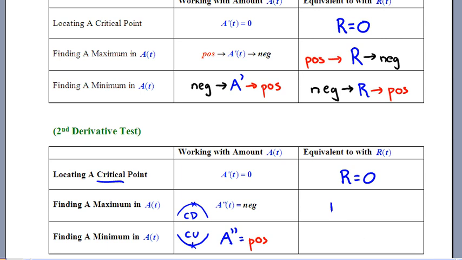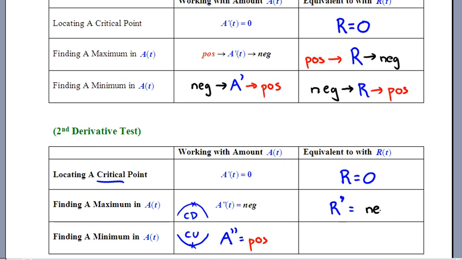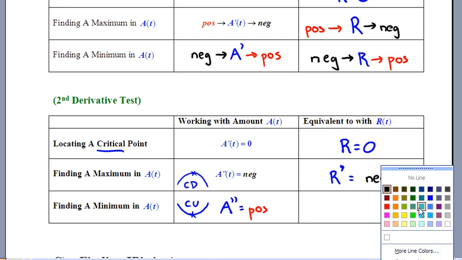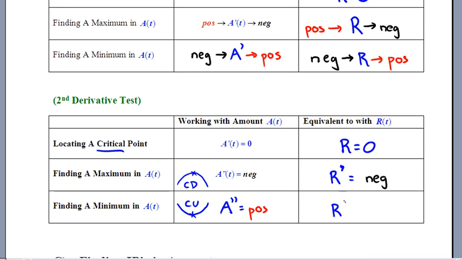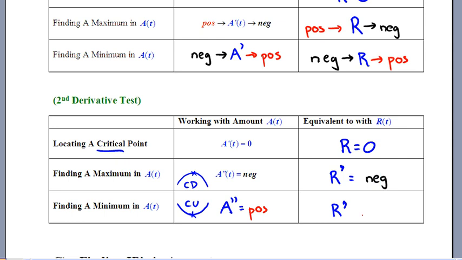So if the R graph has a slope, the derivative of it, that's equal to a negative, well, that would be like A double prime being negative. And if the R graph has a slope that's equal to a positive, then the graph for A is going to be concave up. And if you're at a critical point, then that's going to be a minimum.